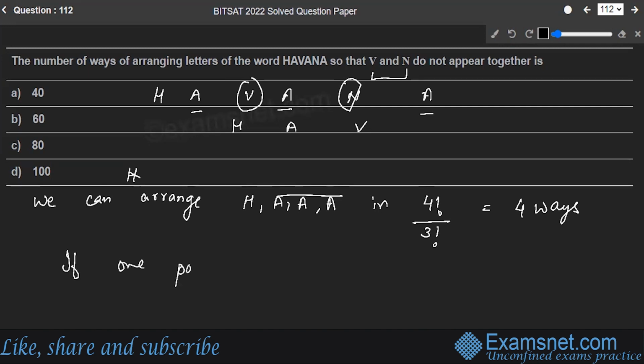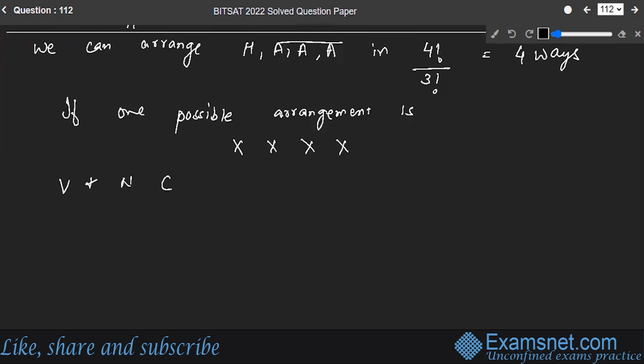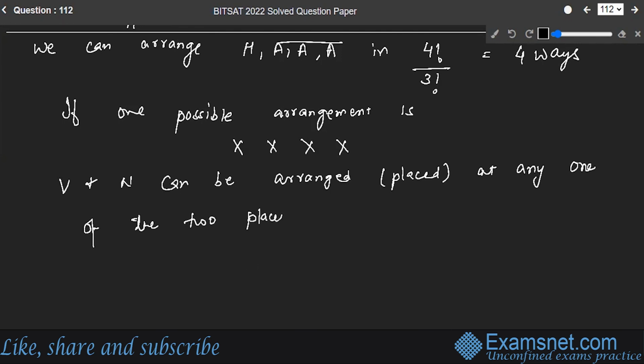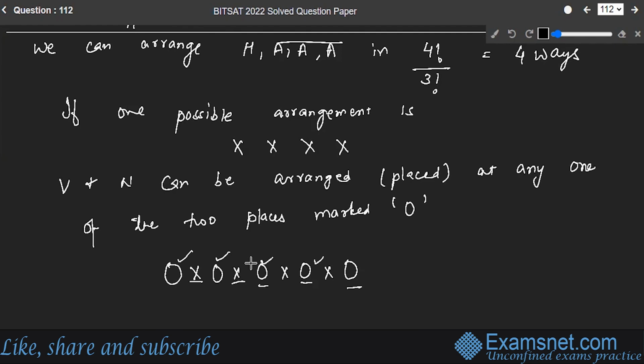If one possible arrangement is this, then we can arrange V and N at any of the 2 places marked O. So this can be like X, O, O, O, O. Thus, we can arrange V and N in how many ways? 1, 2, 3, 4, 5.